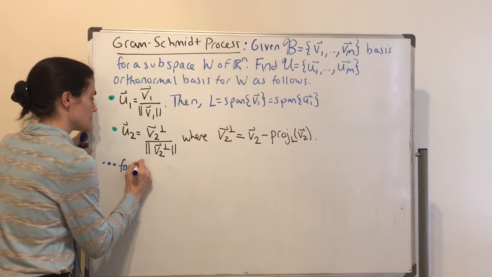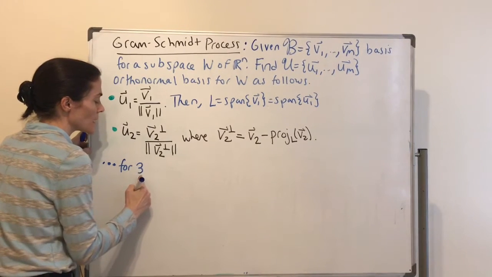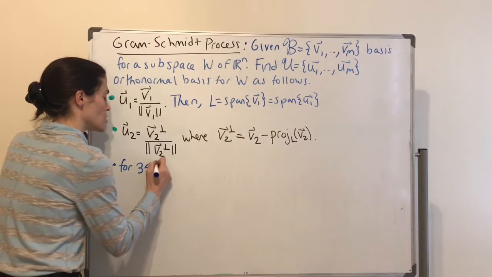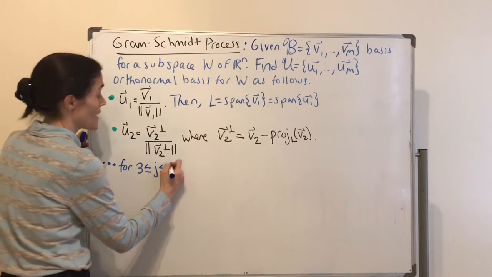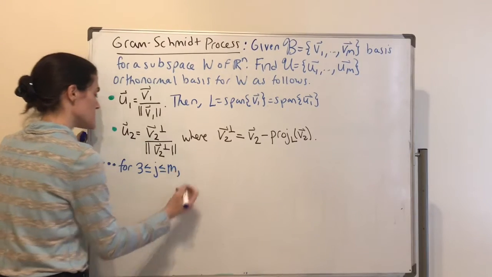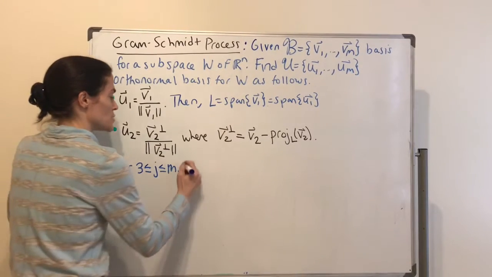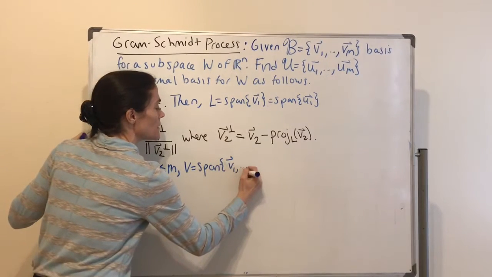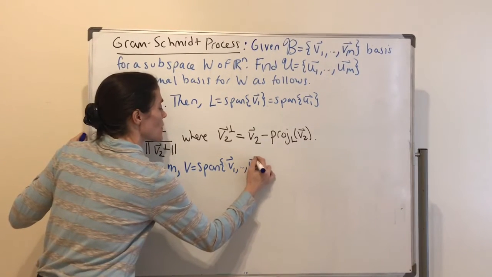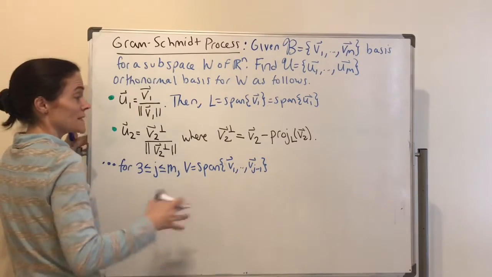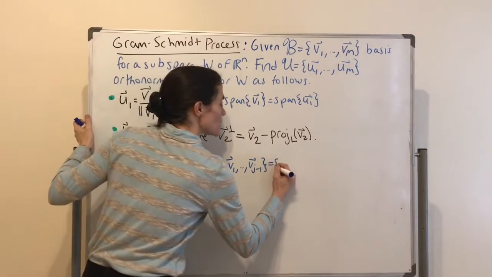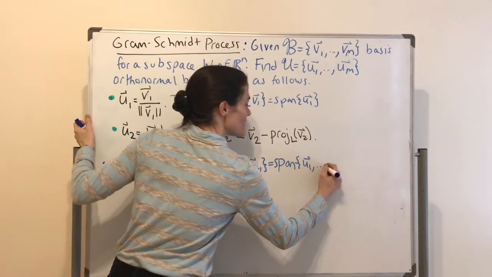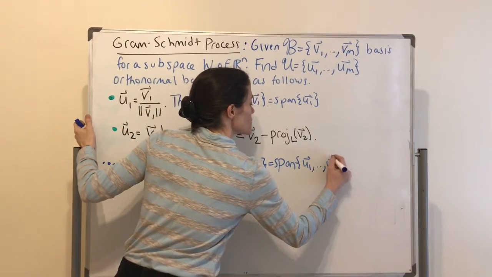For, let's say, 3, although I could have put a 2 here, although I've told you what happens at the second step. J is less than or equal to M, we have M things in our basis. Let V be the span of V1 to Vj minus 1, the ones that have come before, which is also equal to the span of what I have found so far, U1 to Uj minus 1.